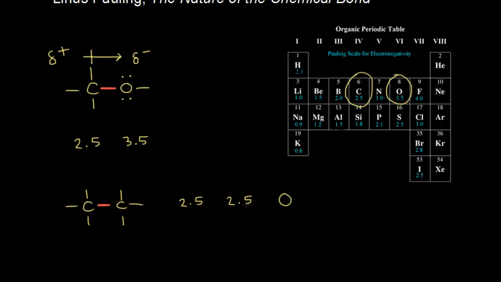They're going to stay in the middle. They're going to be shared between those two atoms. So this is a covalent bond, and there's no polarity situation created here since there's no difference in electronegativity. So we call this a nonpolar covalent bond. All right, so this is a nonpolar covalent bond like that.